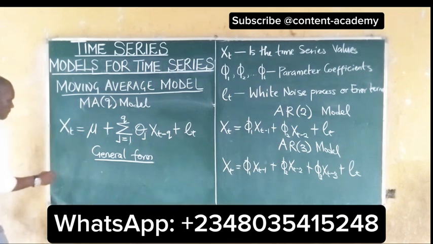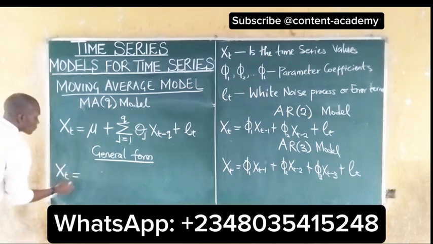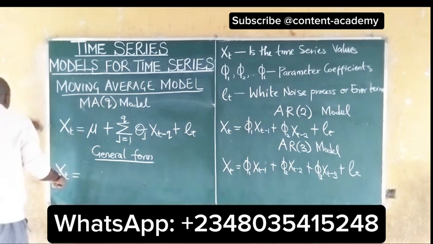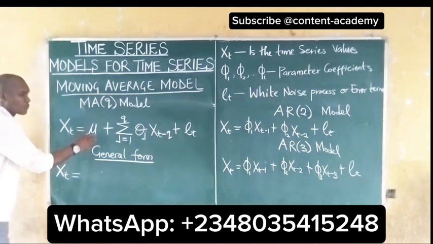So our general form will give us xt equal to, now we have mu, this is our mean. If you wish, you can include it.